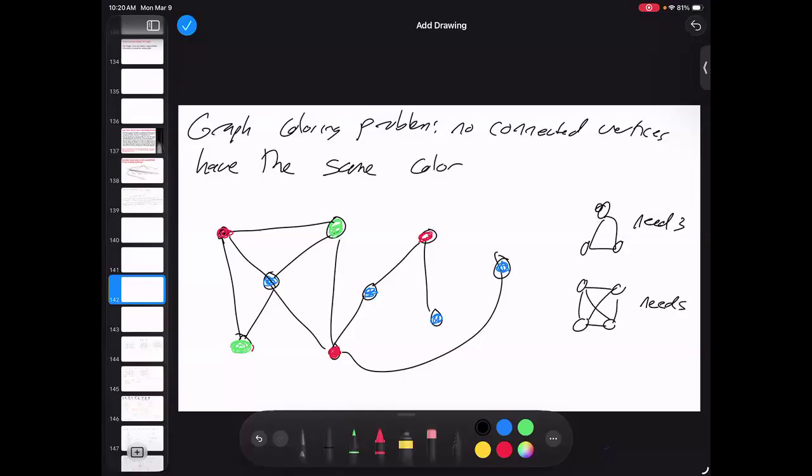I have the X in the middle. I would need 4. If I have 5 vertices that are connected, how many would I need? 5. So one way to get a lower bound on the coloring number is, can you find 5 vertices that all are connected to each other? If yes, you need at least 5. Can you find 6 that are all connected? If yes, you need at least 6.